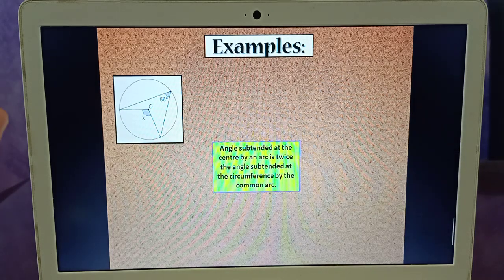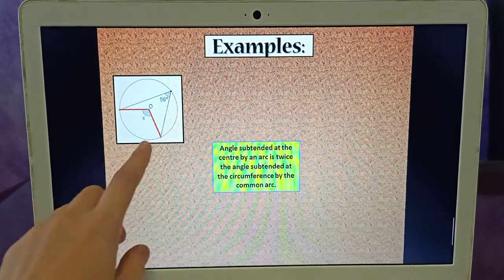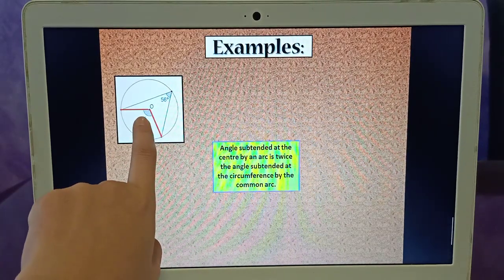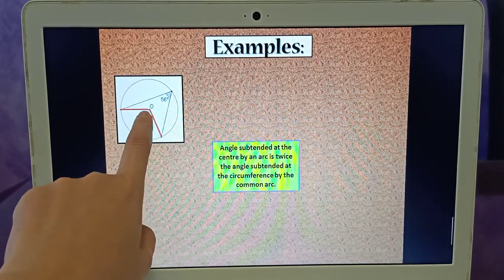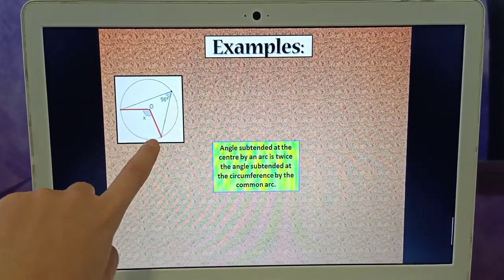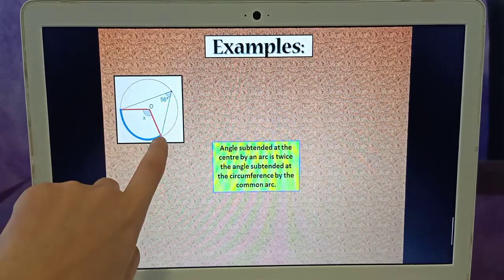This is mainly about angle subtended at the center by an arc being twice the angle subtended at the circumference by the common arc. So for example, this angle x is actually angle subtended at the center because it is formed by two radii and subtended by this arc, the blue arc.